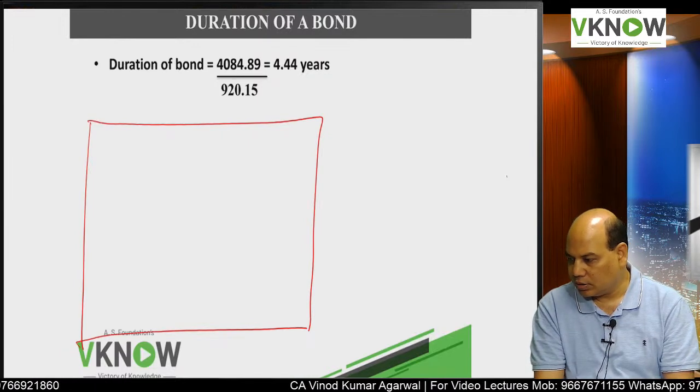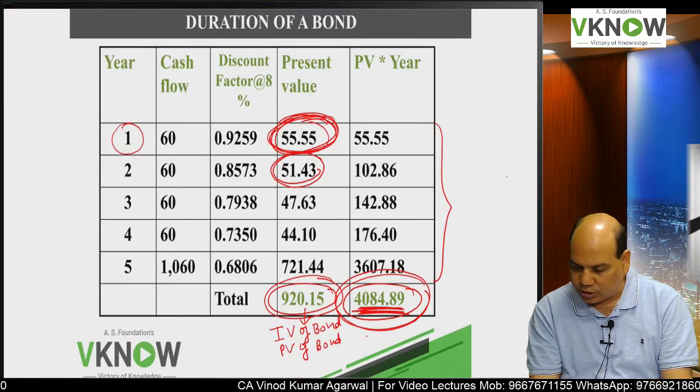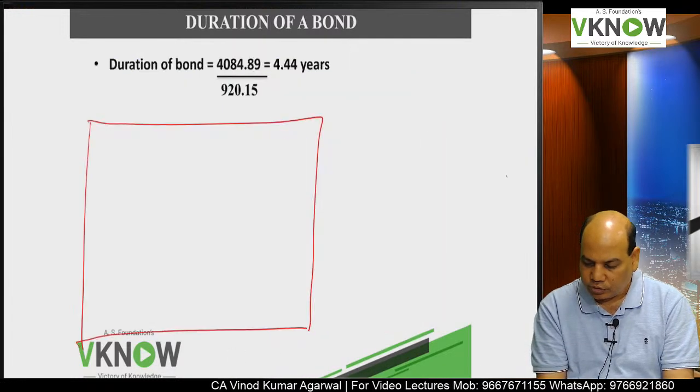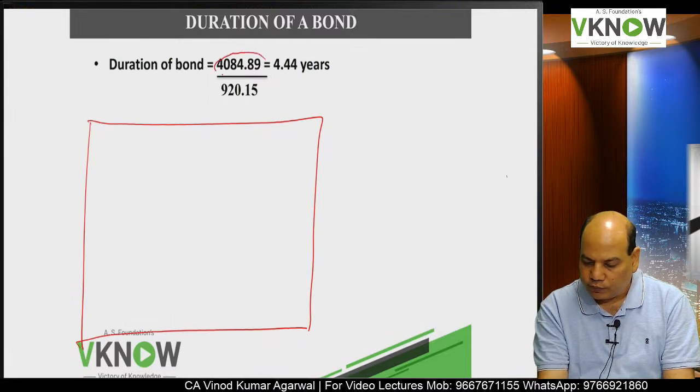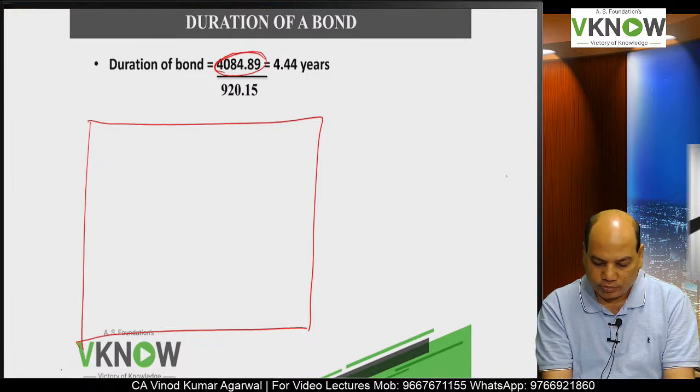Correct? Divya is getting 4086. Okay, you can take 4086 also. Those who got 4086, write here 4086. No problem.